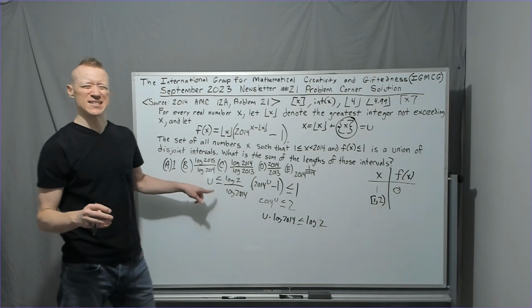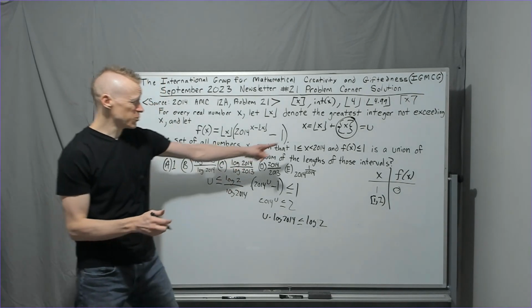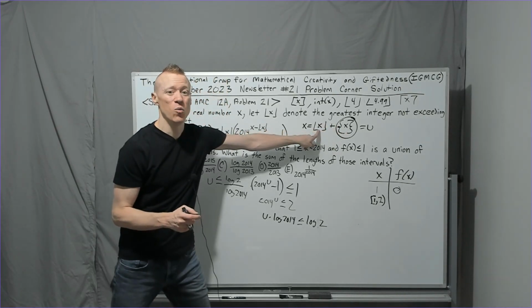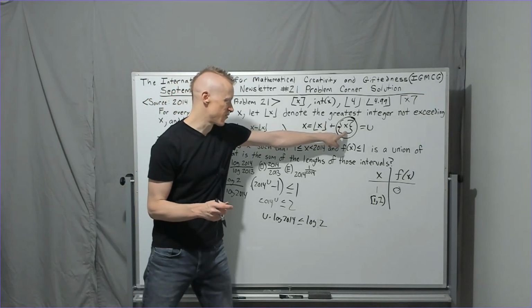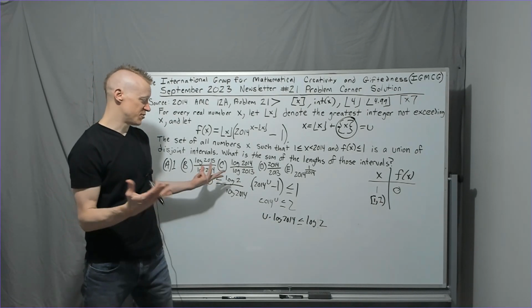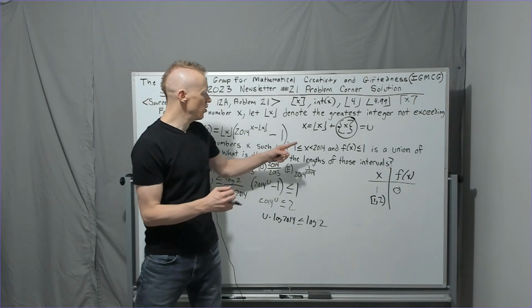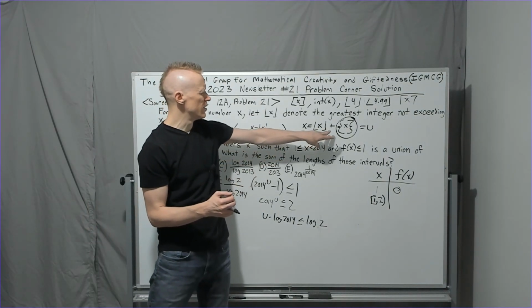Now we have to know what this really is. How does it work? Well, think about it. This was the part beyond the 1. This is the fractional part, and it's certainly less than 1. We can tell because log of 2 is less than log of 2014. And so what can we do here?